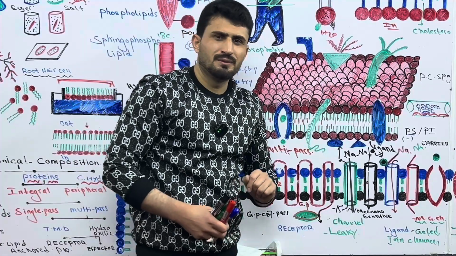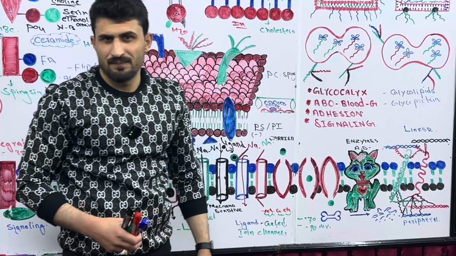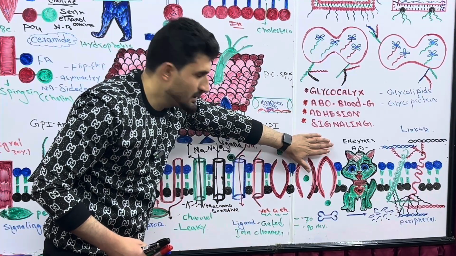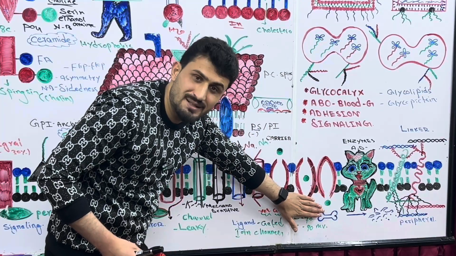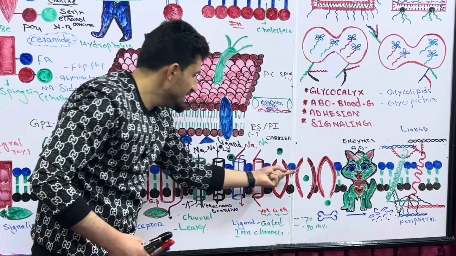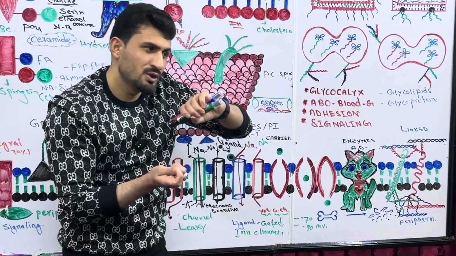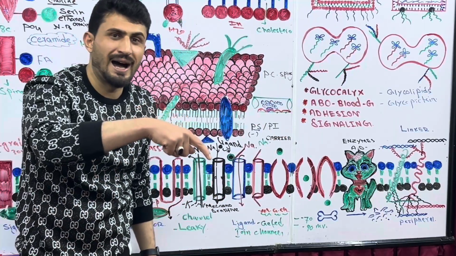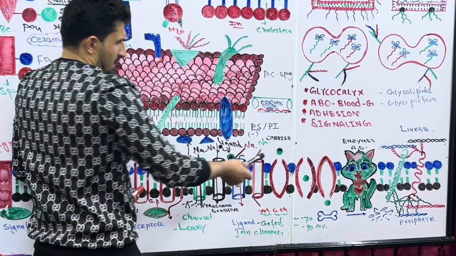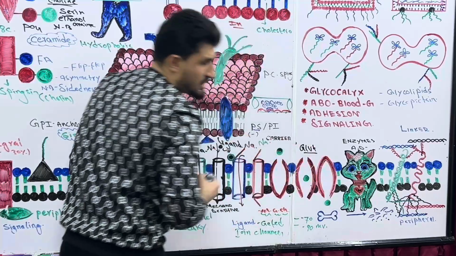The third type of proteins in our cell membrane are called carrier proteins. They carry something from the inside of the cell to the outside, or from the outside of the cell to the inside, by conformational change in their structure. They will change their shape and transport something. For example, this is a carrier protein called GLUT, or glucose transporter.